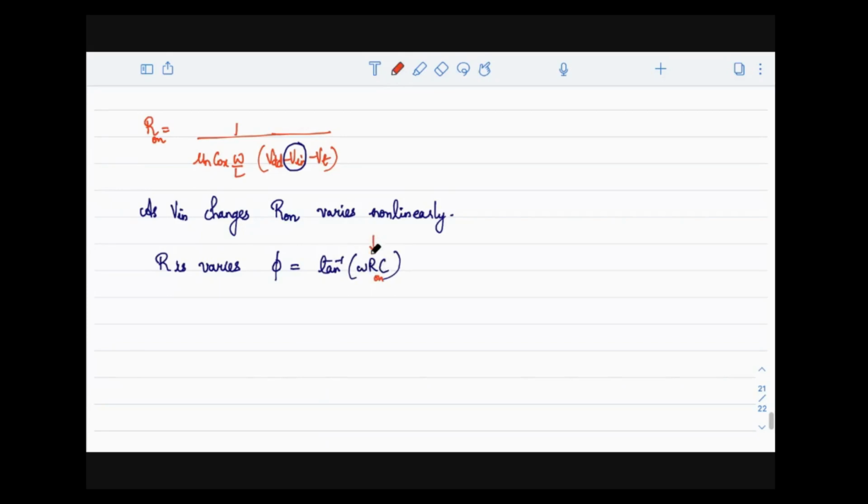Now, if R on has a nonlinear variation, that will also result in a phase variation, which ultimately leads to some kind of phase distortion, because the variation in R on is nonlinear. So if I look at all these things, I can model my sampling circuit like this: this is Vout, this is Vin, and this resistance is a varying resistance, which is a nonlinear resistance.